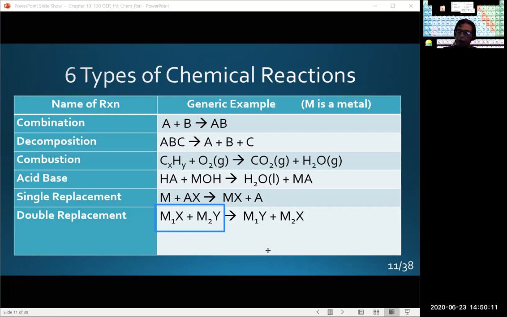M1X now becomes M1Y, the anion of the other one. Now, if one of these, for example, what I circled here, based on the solubility rules, is insoluble, then we got a reaction. Okay. Notice that in the previous example, they told you solid, whatever that product was. That implies that there was a reaction. Now, how do we determine whether a reaction proceeds? Okay.